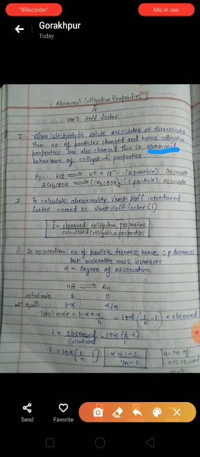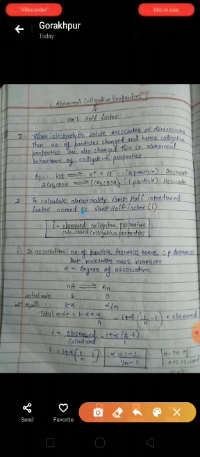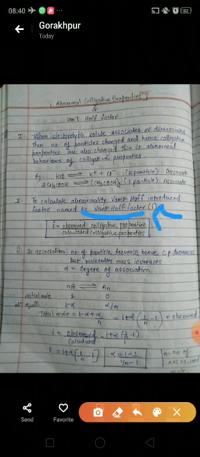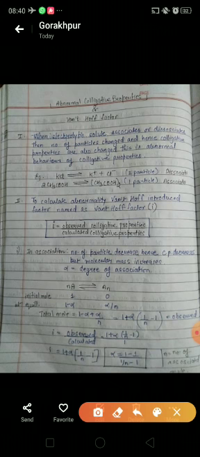So students, to calculate this abnormality, a scientist Van 't Hoff introduced a factor named Van 't Hoff factor, which is denoted by small i. You can see for electrolyte there may be association or dissociation.